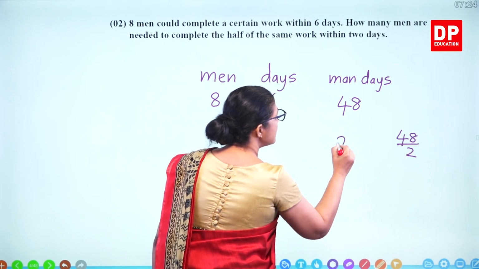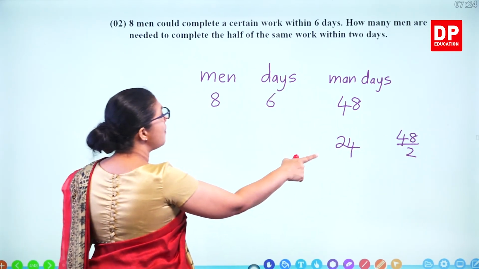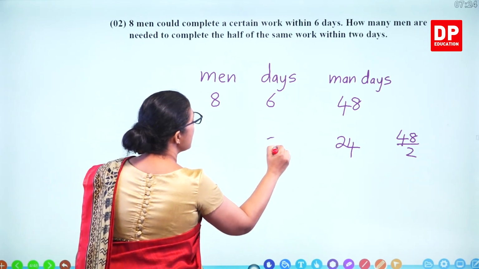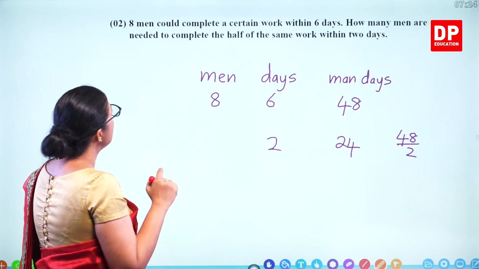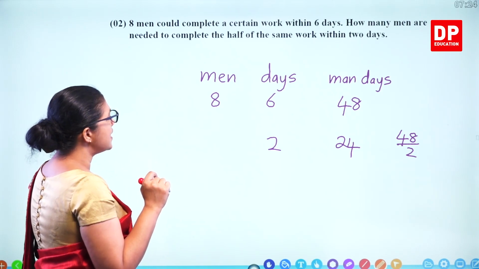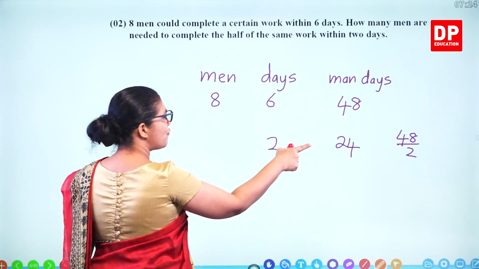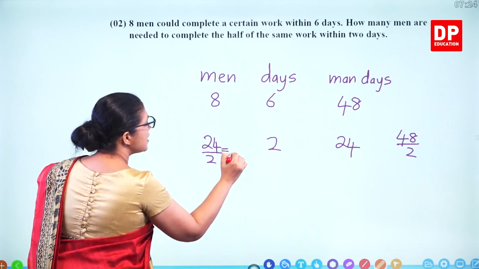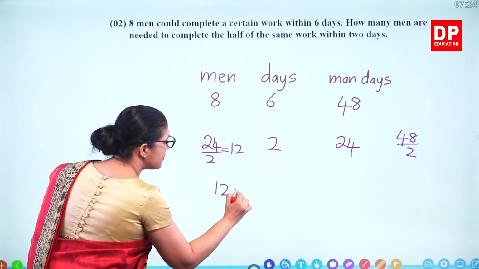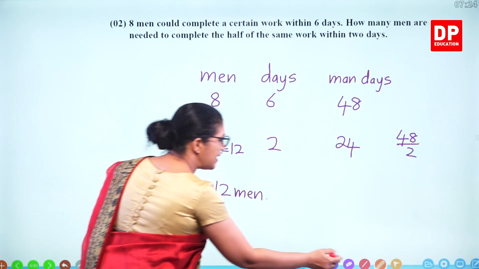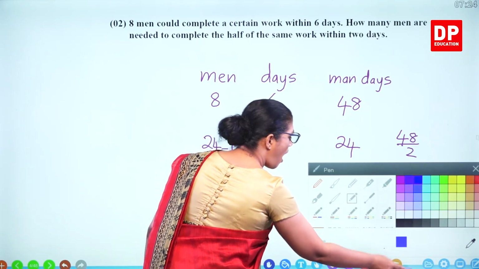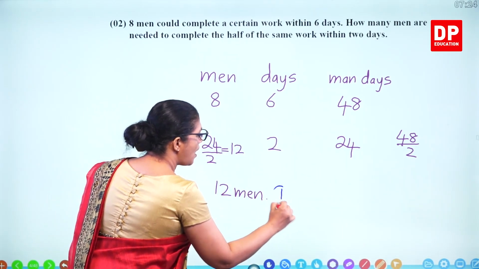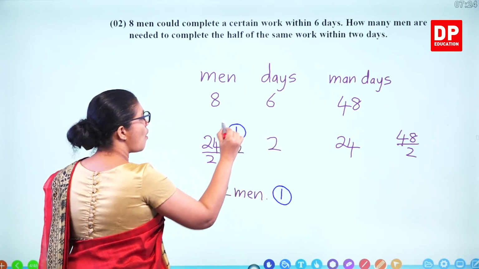You get 24. To complete 24 man days of work in 2 days, how many men are needed? So how do you get 24 from 2? 24 divided by 2, you get 12 men. So 12 men are needed to complete half of the work within 2 days. So this is 1 mark and for the method 1 mark.